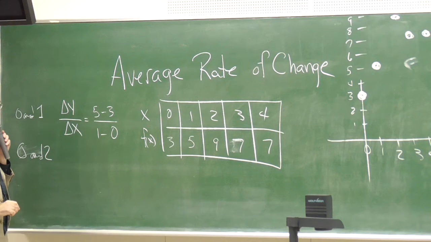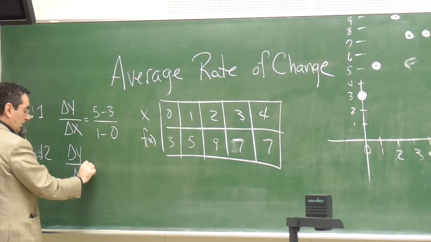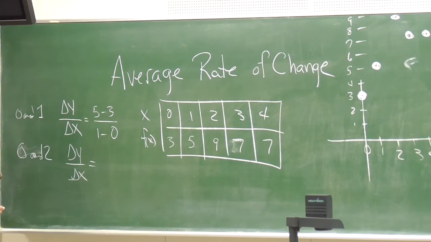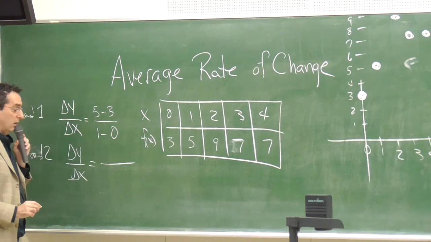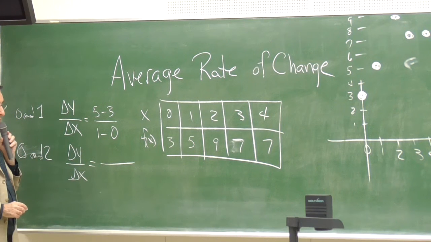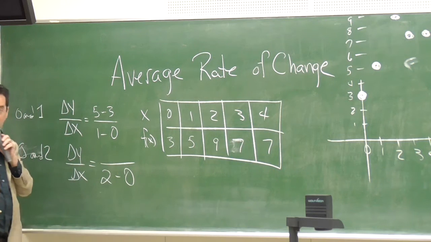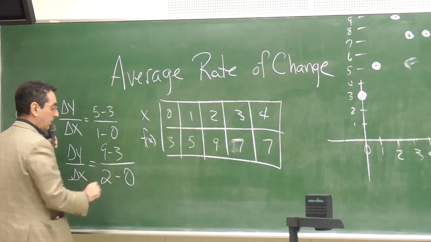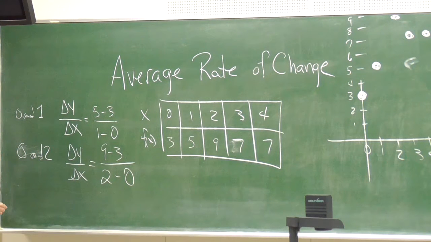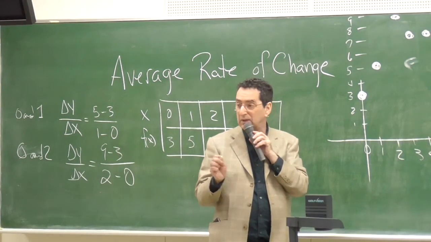Let's say delta x, the bottom, is 2 minus 0, and the top is 9 minus 3. So that's different, right? That's not the same as the other one. So the average rate of change is different between different points.